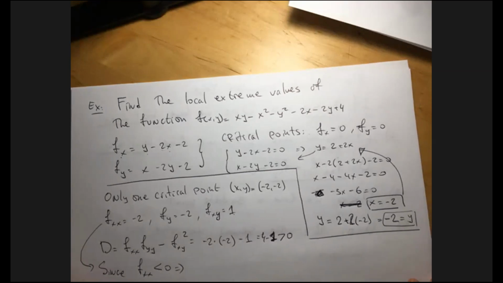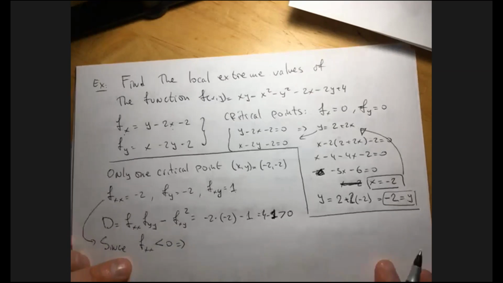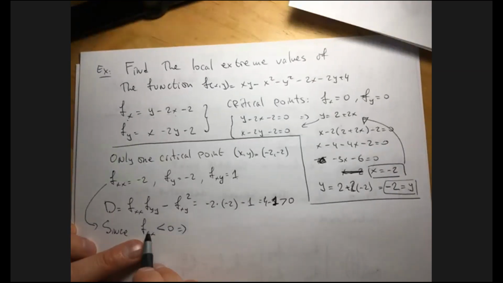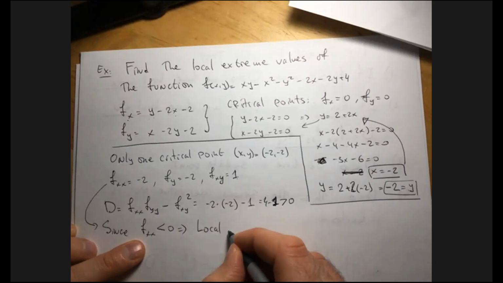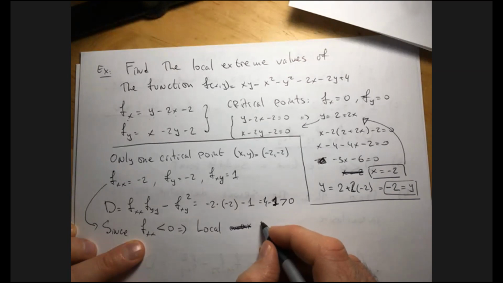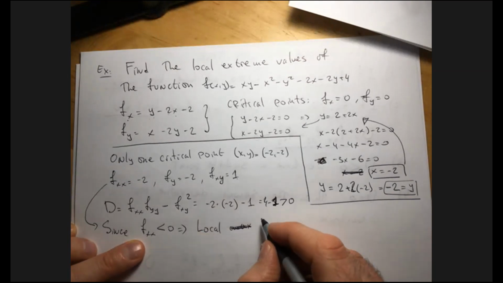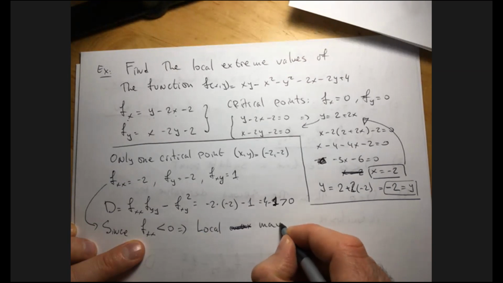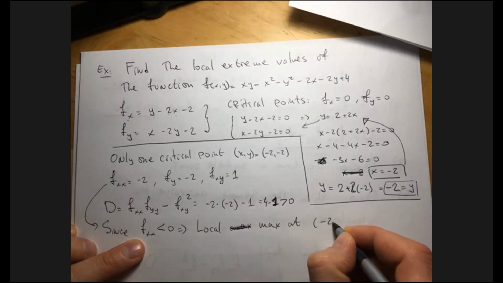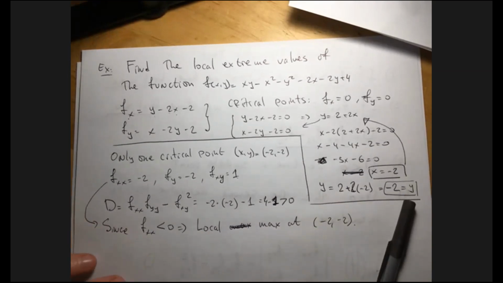This gives us the concavity in 2 dimensions. Because it's concave upward, we have local minimum. Sorry, it's concave downward. So we have a local maximum at the point negative 2, negative 2.